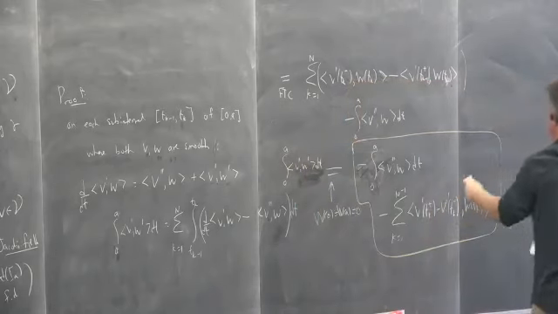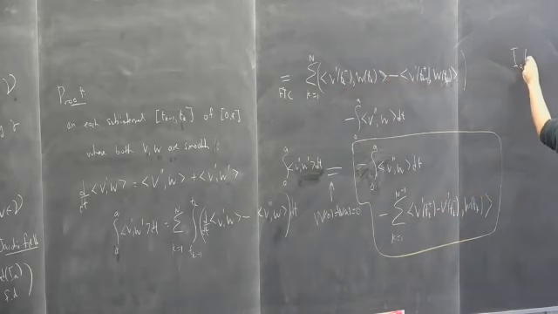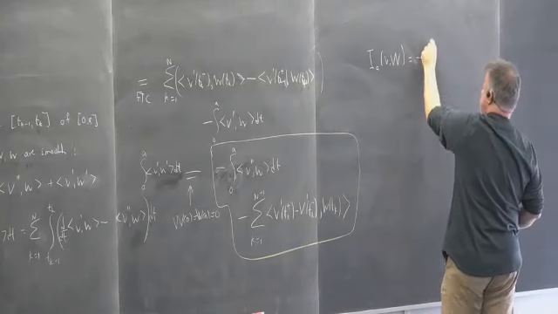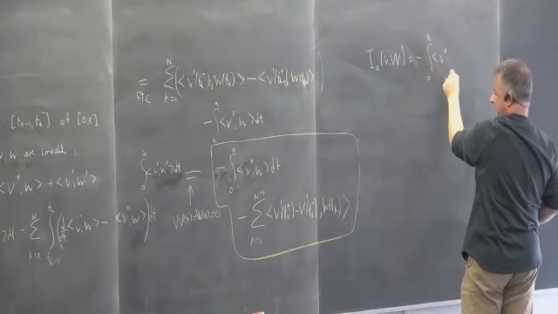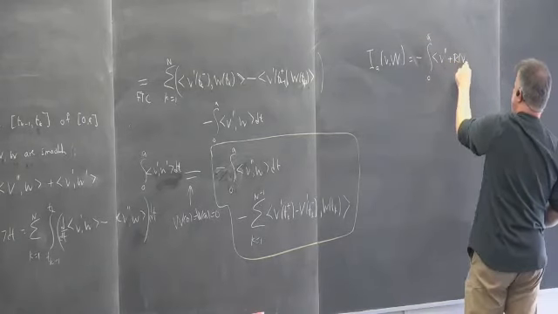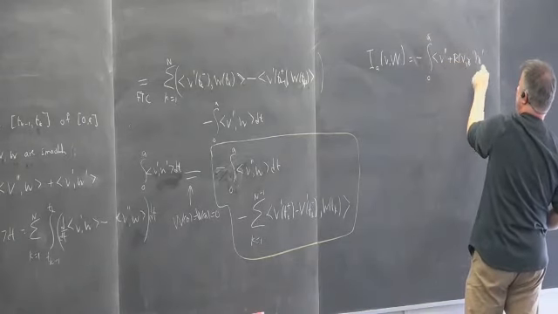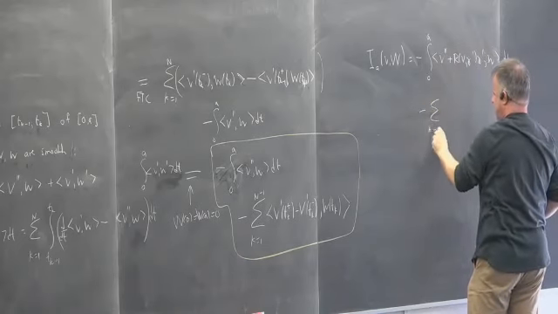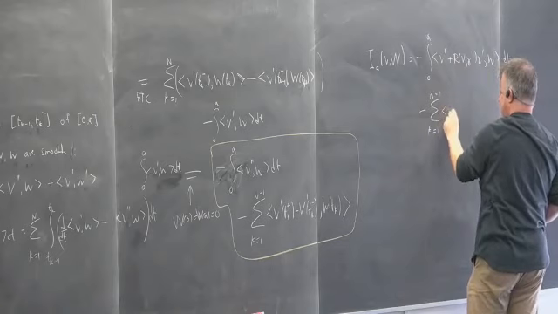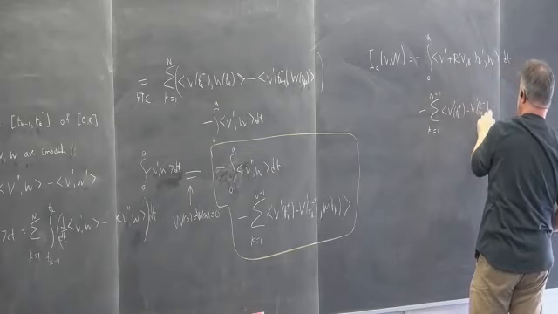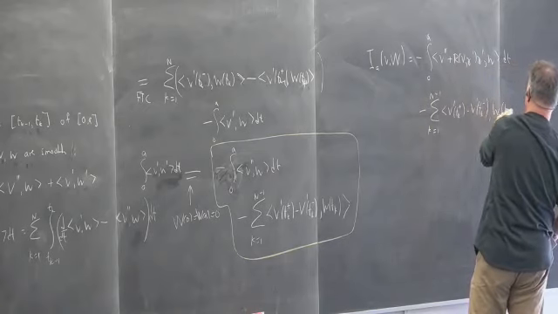And now I can write down IA of vw is going to be minus the integral from 0 to a of v double prime plus R of v gamma prime, gamma prime, w dt, minus the sum from k equals 1 up to n minus 1 of v prime of tk plus minus v prime of tk minus, w of tk.